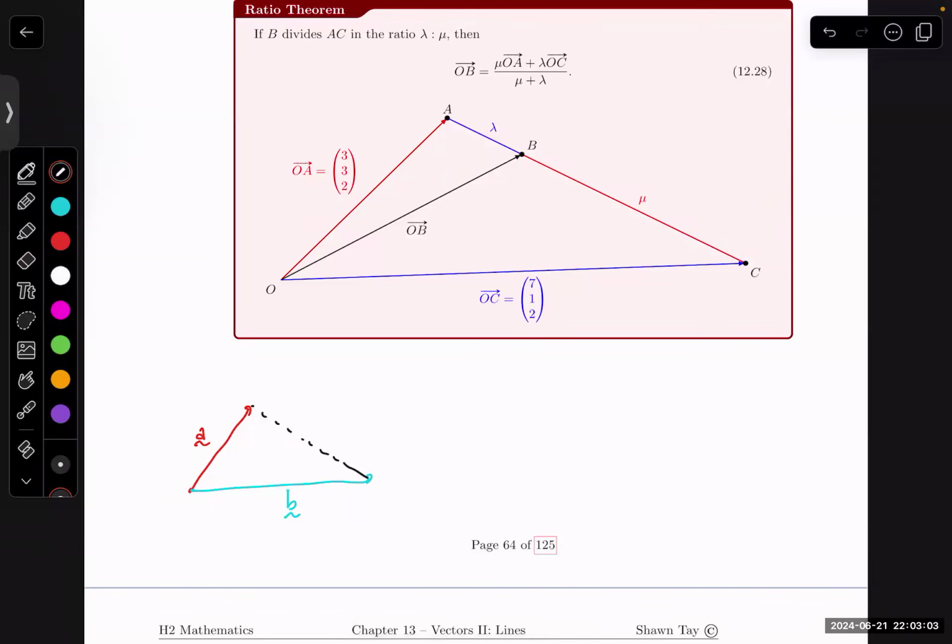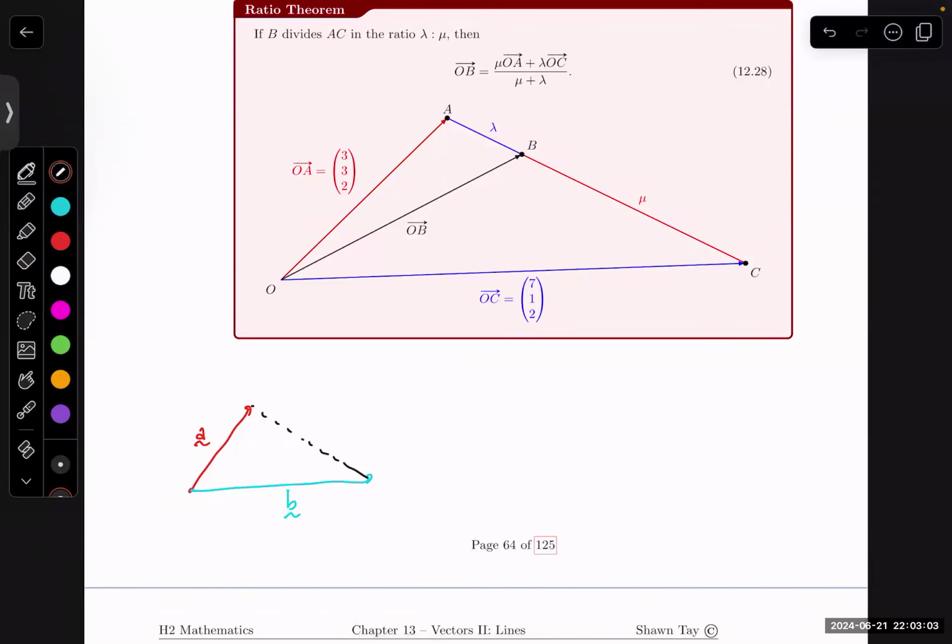Let's call this point C. Let's call this point A, this point B, and this point O, the origin. If I know the ratio of these two lines, I can find the vector OC. I'm going to highlight this with red color and this with blue color.